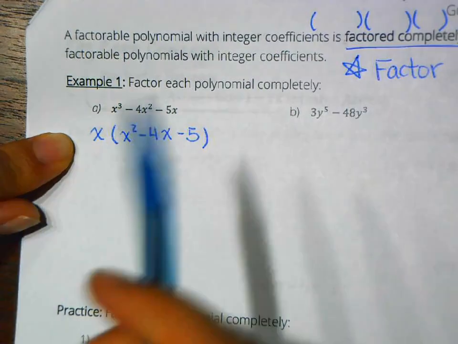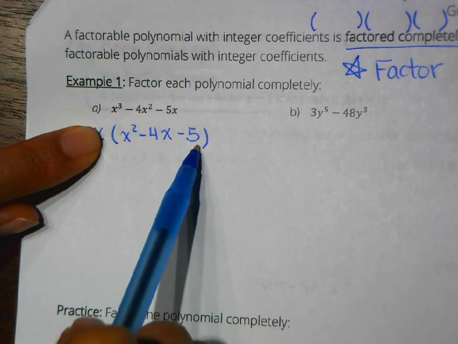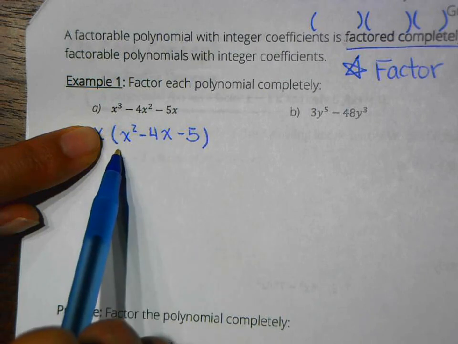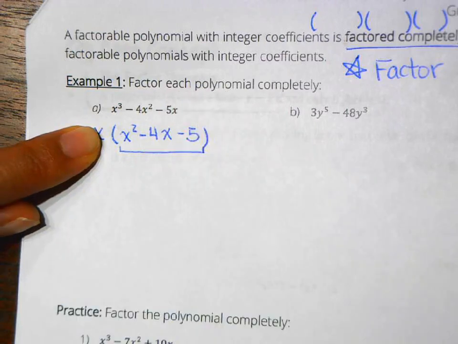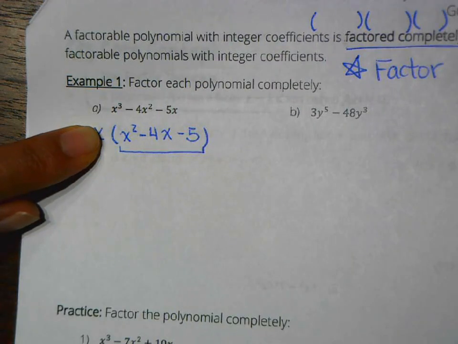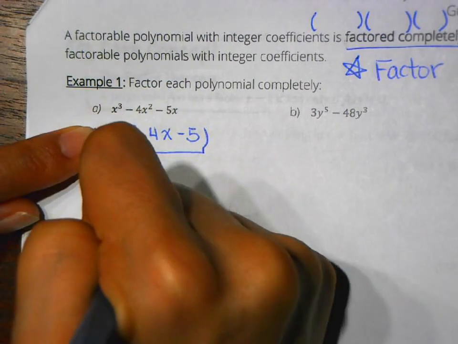And when I do that, I'm left with a trinomial. In fact, this is a quadratic. And then I'm going to try to factor this quadratic trinomial. Because there are 3 terms, I'm going to try using my X box.